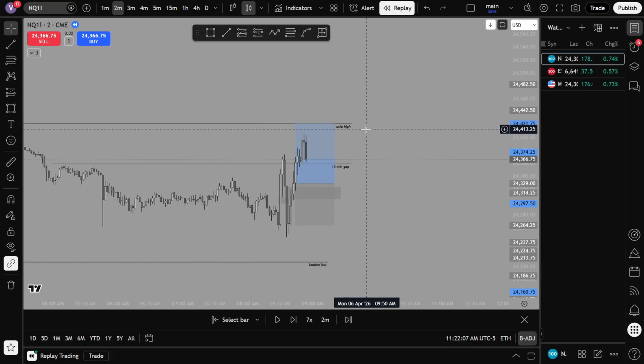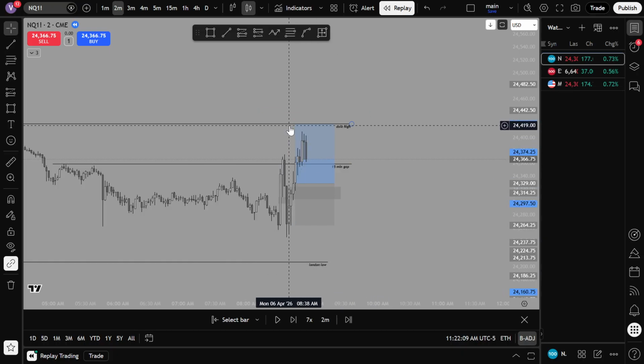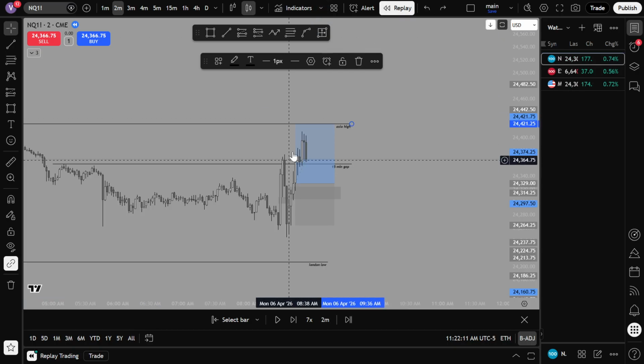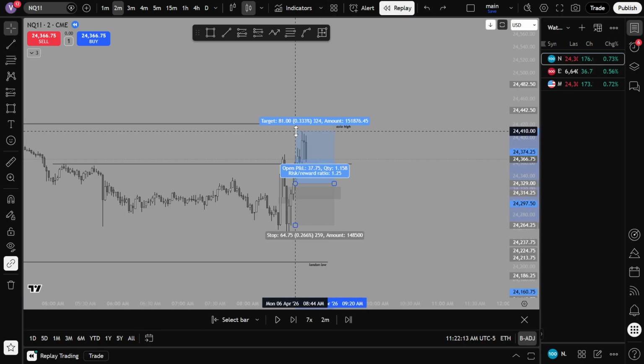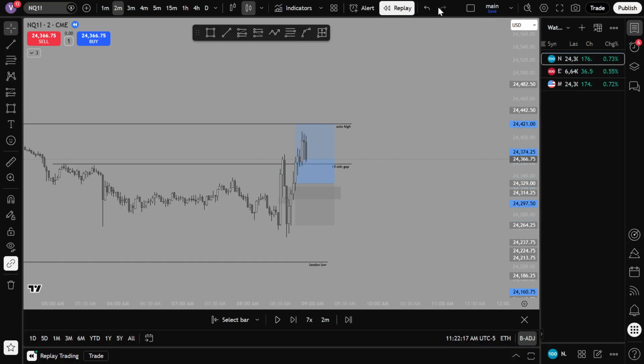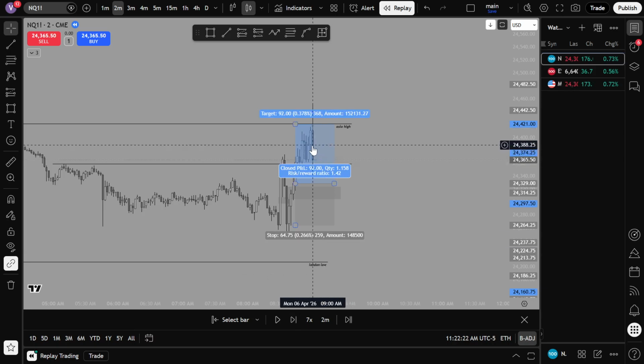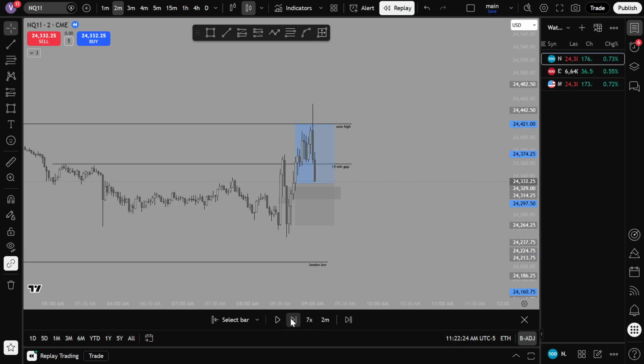Ride it to Asia. I didn't even actually ride it all the way to Asia. End up pulling, trailing aggressive around here. Not too mad because again I'm not too sure how the market has been moving. News ends up coming and we end up taking out Asia high for a pretty clean trade, man. I'm not gonna lie.